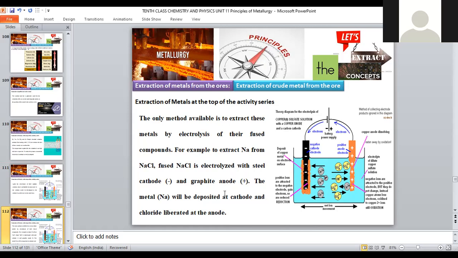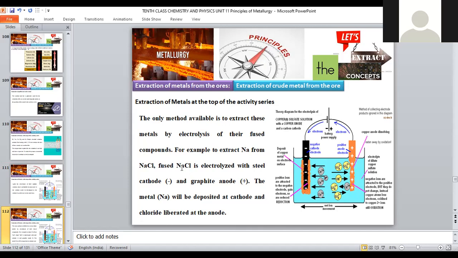So when this brine solution is subjected to the electrolysis, passing external electricity, what happens? Sodium will be deposited at the cathodic region. Generally, in the metallurgical process, the cathode is being deposited by the metal. And at the anodic region, gas will be evolved, that is chlorine.